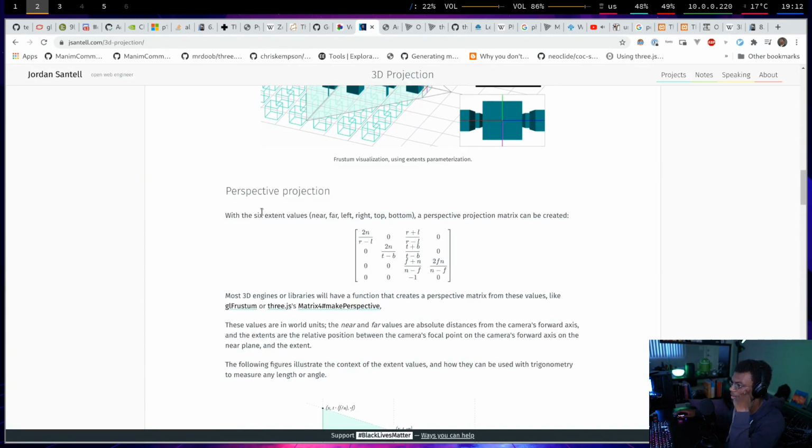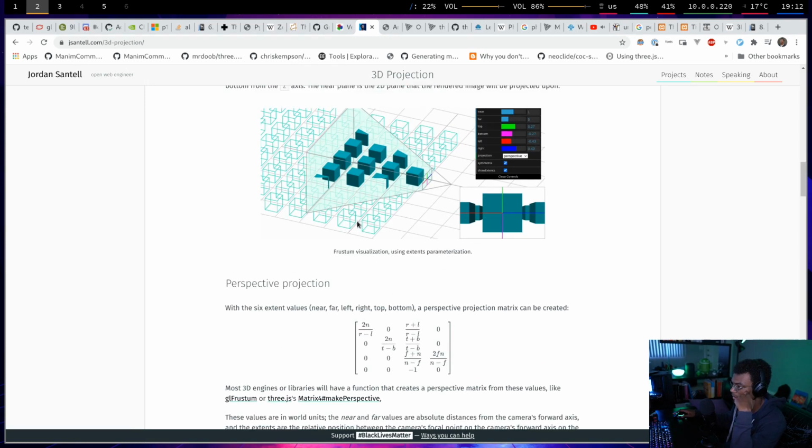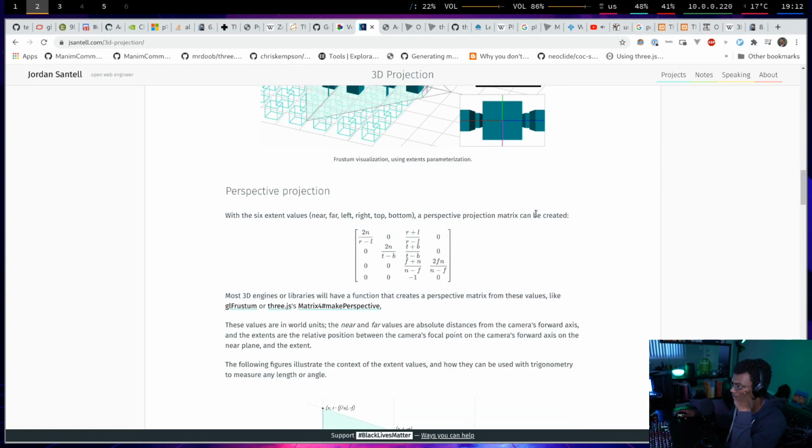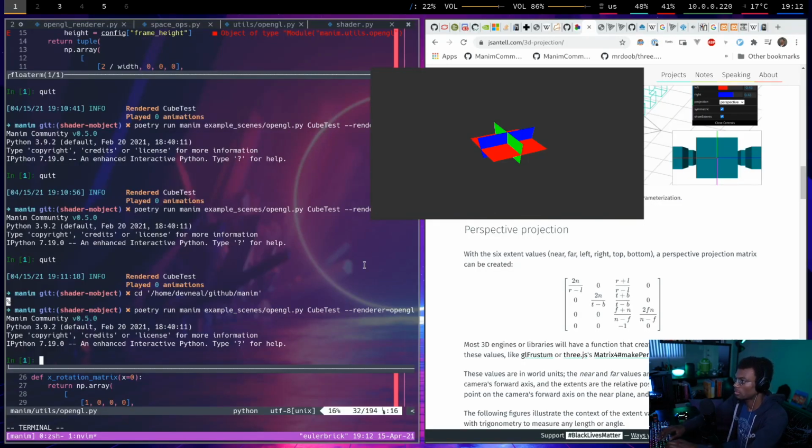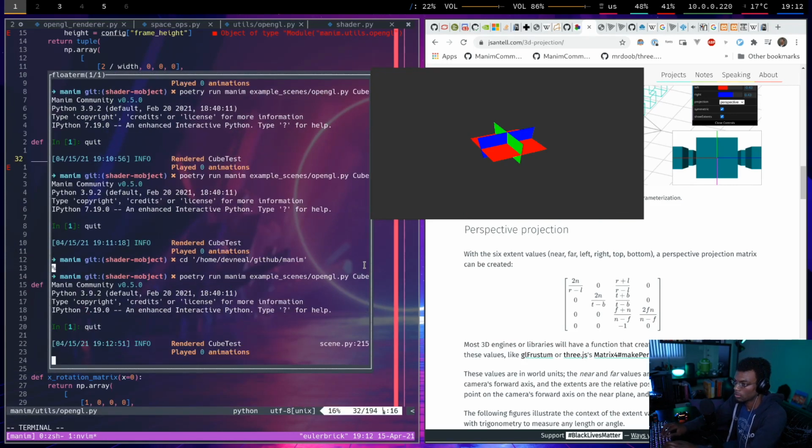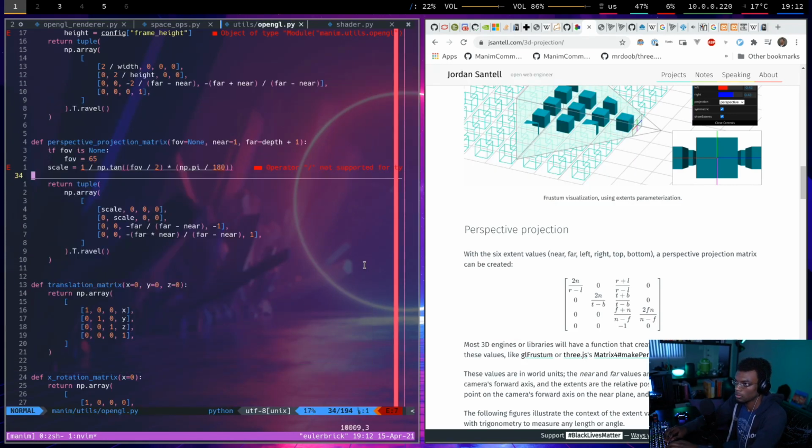And I think the more complicated... So this has a perspective projection formula with 6 values. Maybe I need this one. Is this even the same formula? It looks different. So I have scale, scale. Yeah, this does have more entries.